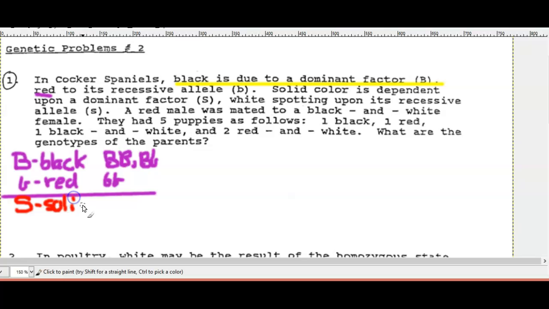Solid is the phenotype. Dominant allele, phenotype. Here are our genotypes. Just need one, homozygous dominant or heterozygous. And little s is white spotting. Only one way to get that, and homozygous recessive is the genotype.